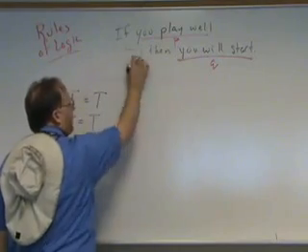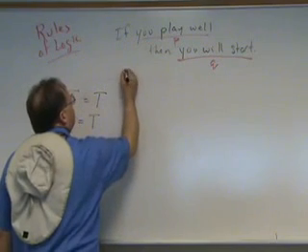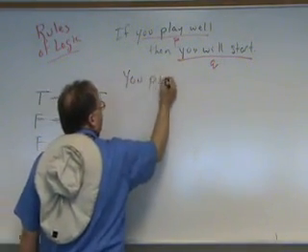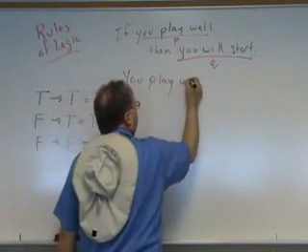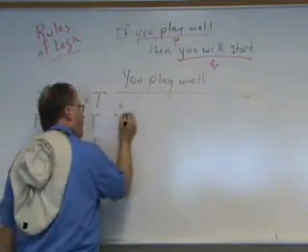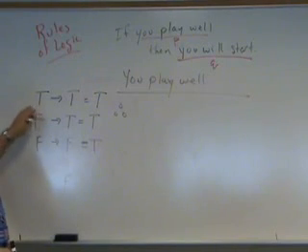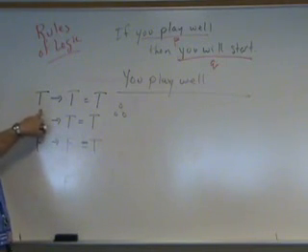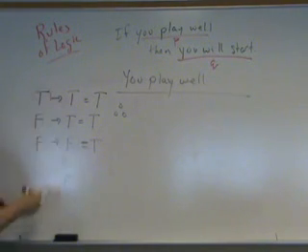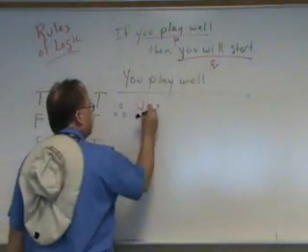And the second part of our premises, let's suppose we have another statement that says you play well. Okay. Well, then what conclusion can we draw from this? Well, if you play well, then you will start. You played well. Then what's the conclusion? Well, the conclusion is you will start.